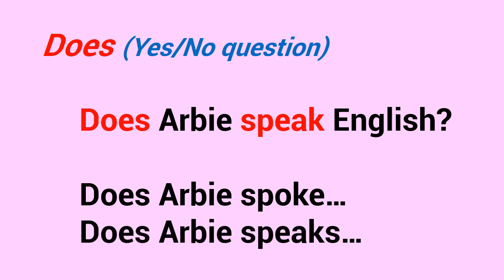Nor are we going to say, does Arbie speaks English? Because speaks is inflected, meaning added with S, and it is not following the pattern of using do, does, or did plus the base form of the verb. So spoke and speaks are both wrong because we start the sentence with the word does, meaning it has to be paired with the base form of the verb.